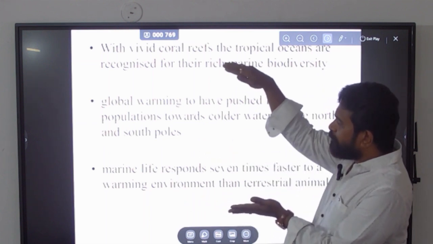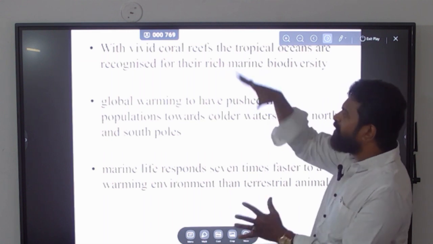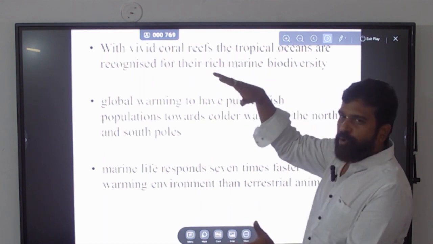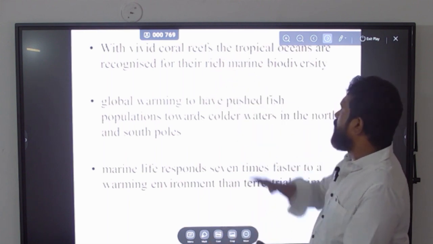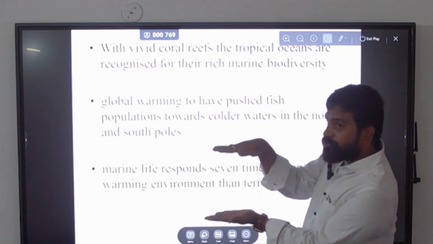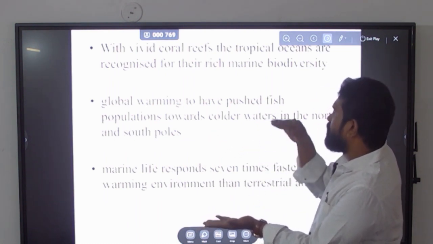But if you go to the polar regions, the North Pole and the South Pole, we don't have that much rich variety of coral reefs or marine biodiversity. We have it only in the tropical region where the sun moves from the Tropic of Cancer to the Tropic of Capricorn.